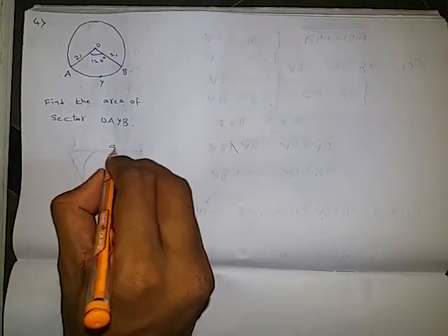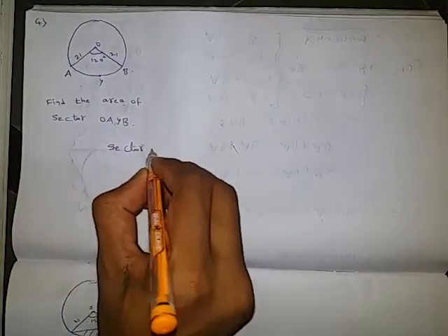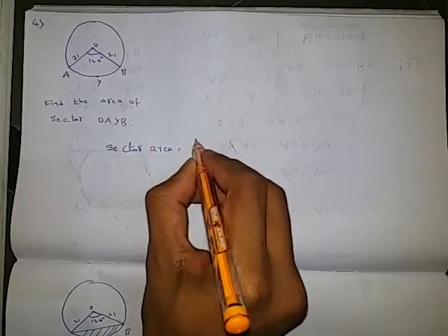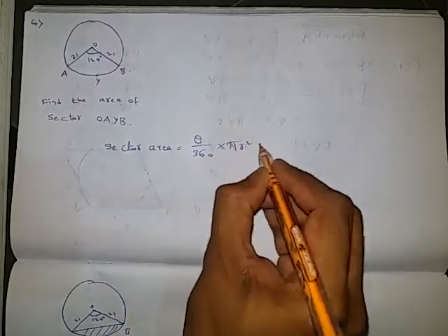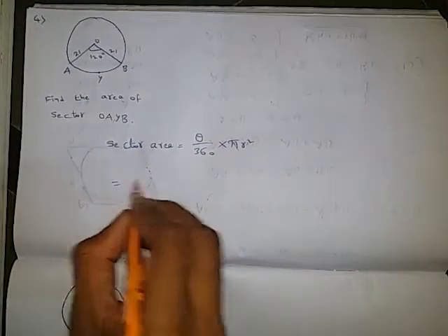Sector area formula is theta by 360 into pi r square.